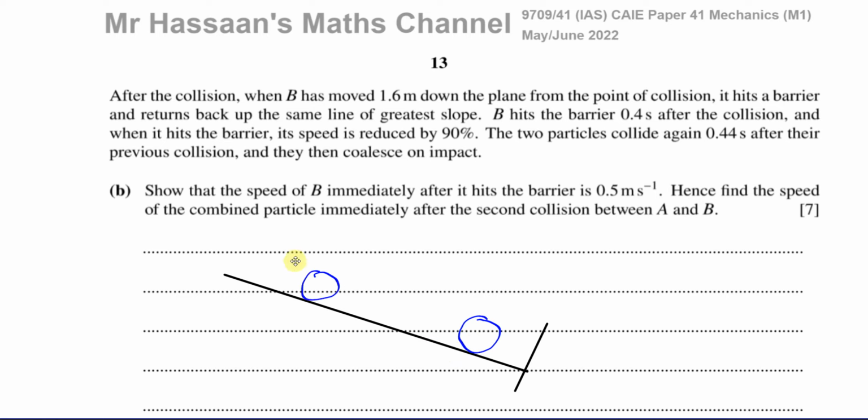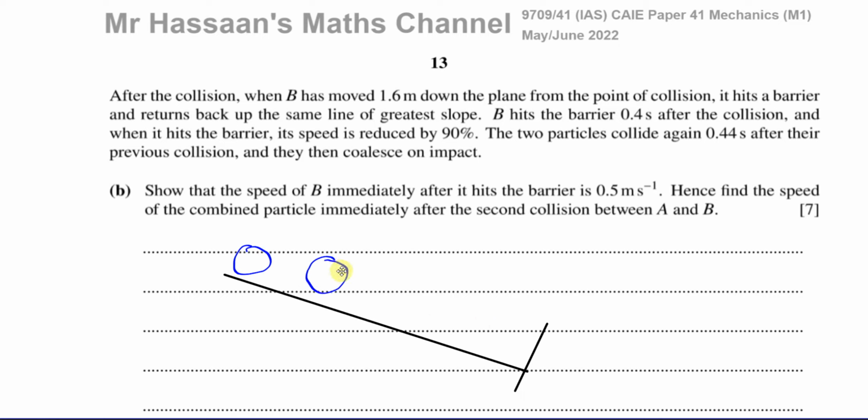Right. So we need to find what their speeds are just before they collide again. So what happened is B went down for 0.4 seconds, it hit the barrier. And then it went up for another 0.04 seconds until it got to the same level here.